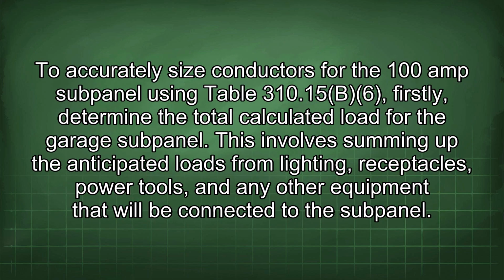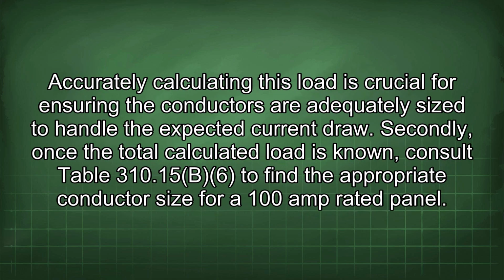To accurately size conductors for the 100 amp subpanel using Table 310.15(B)(6), firstly determine the total calculated load for the garage subpanel. This involves summing up the anticipated loads from lighting, receptacles, power tools, and any other equipment that will be connected to the subpanel. Accurately calculating this load is crucial for ensuring the conductors are adequately sized to handle the expected current draw.